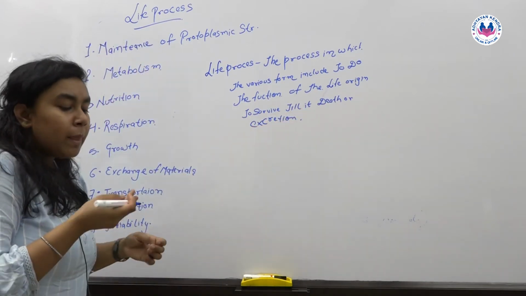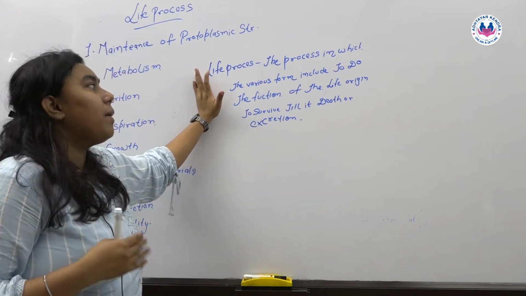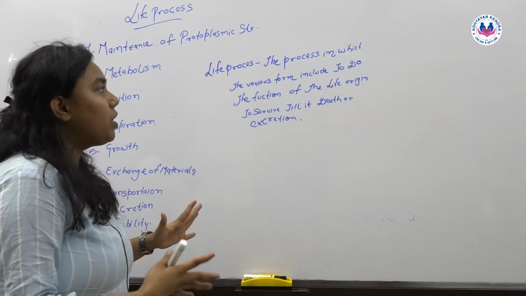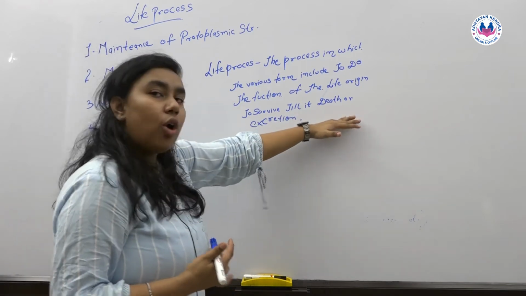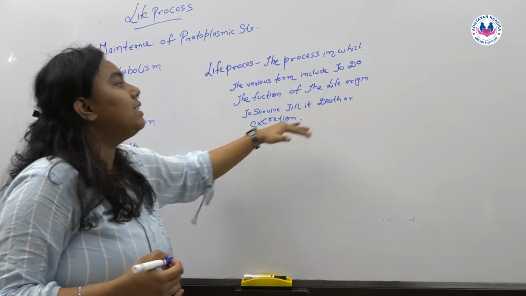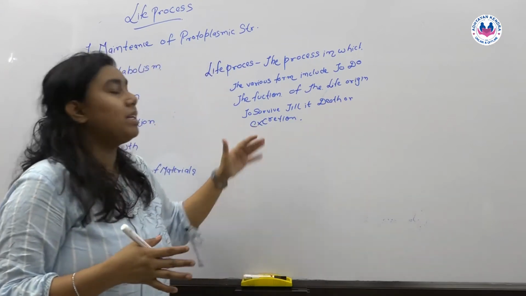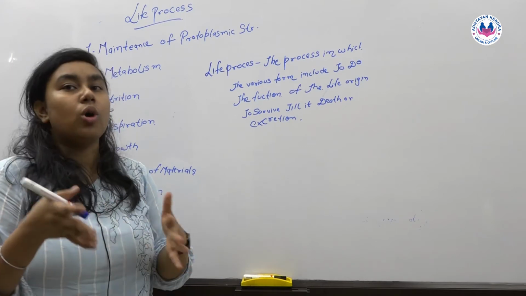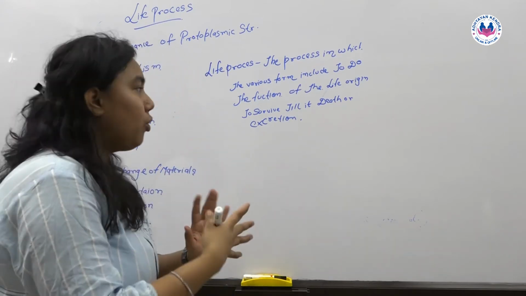It means life process is a process where we have to form the origin of life through these 8 subtypes till death or till excretion, because death basically occurs in the organism and excretion basically occurs in the plant, because plants do not die, they excrete. It totally depends upon the various types of phenomena.